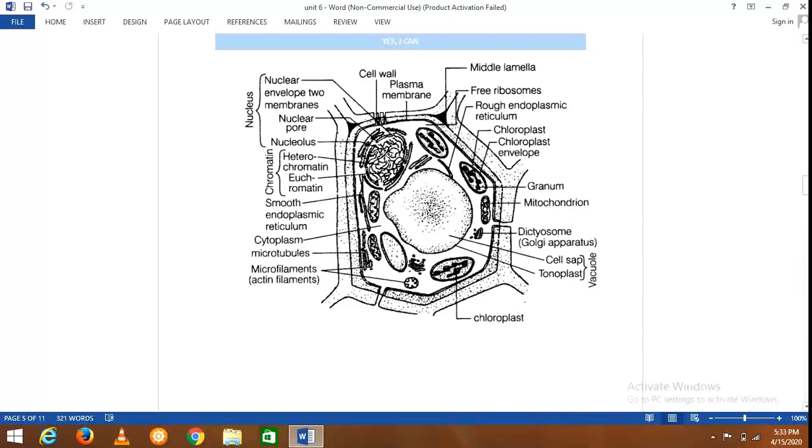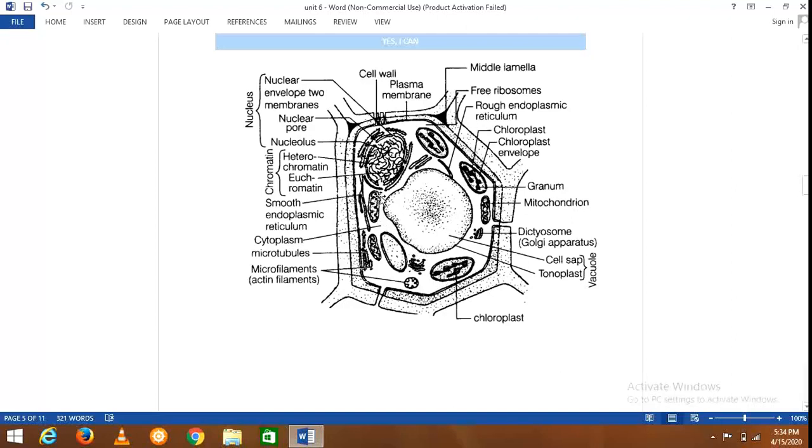So I have labeled the nucleus, central vacuole, mitochondria, endoplasmic reticulum, and in a plant cell there is another important organelle known as the chloroplast. So there you can see the shape of the chloroplast, and you should be able to differentiate the mitochondrion and the chloroplast in a diagram, because you will be asked to label a given diagram.